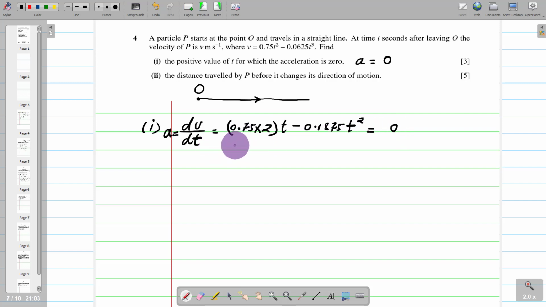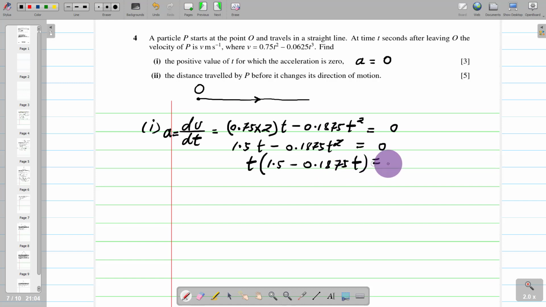So this expression, which is 1.5t minus 0.1875t squared, is equal to 0. We can factor out t, to remain with 1.5 minus 0.1875t equals 0.